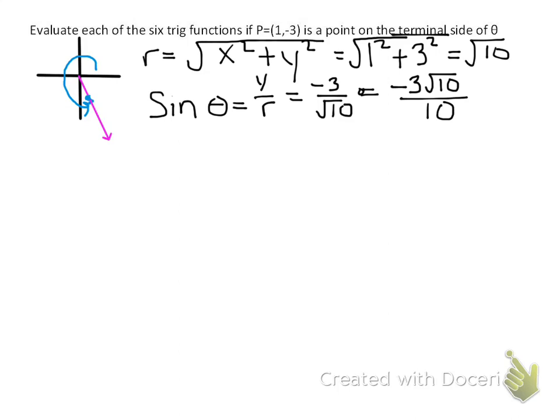Questions? If they don't give you a specific point, but just give you like the graph, you can just pick any point on the line. Okay. They're never going to give you too little information. They're always either going to give you a point, or we're going to look at one in a little bit where they give you one of the ratios. So I might tell you, okay, sine equals 2/3.